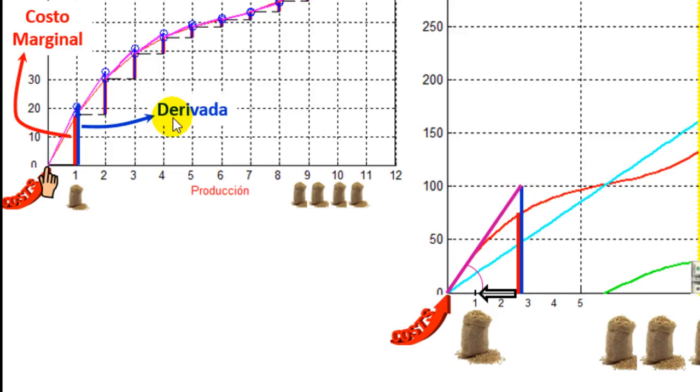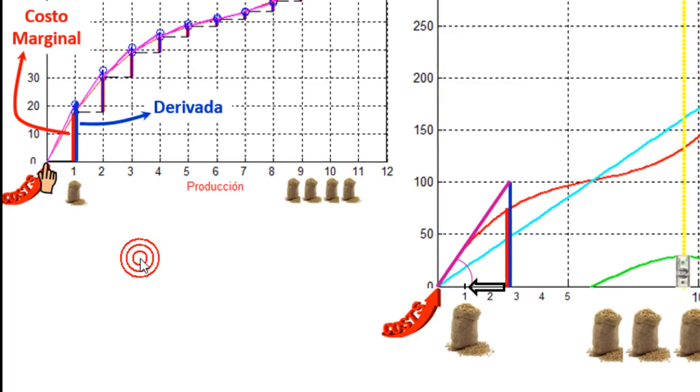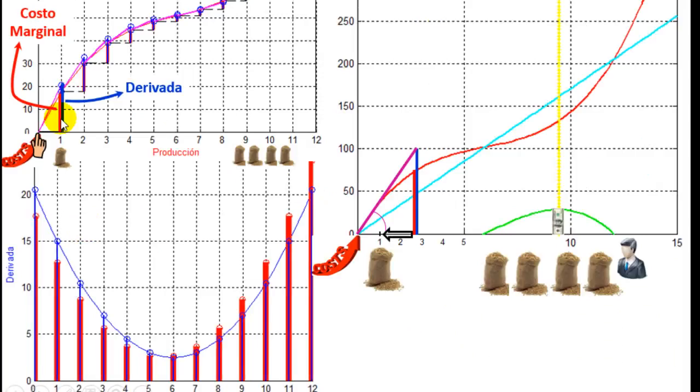So let's graph the derivative and the marginal cost in a separate graph. So we see that in 0 the marginal cost is a little lower than 20.